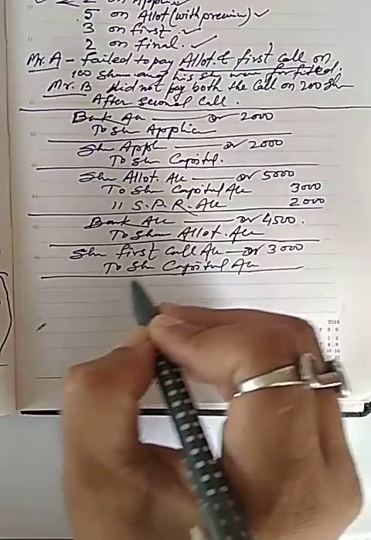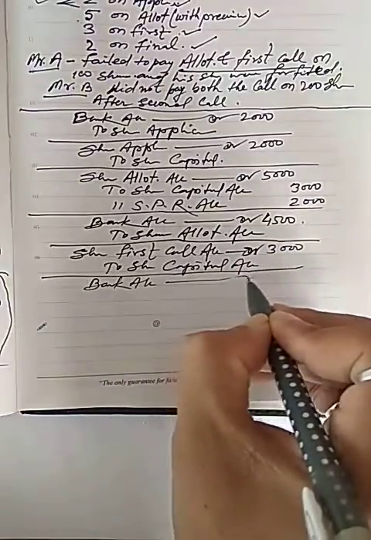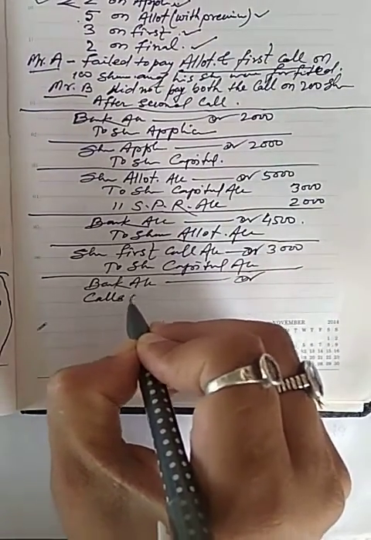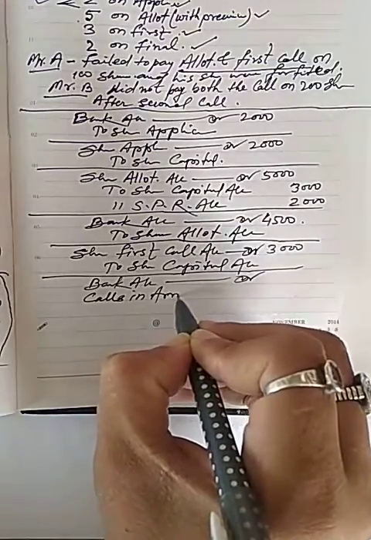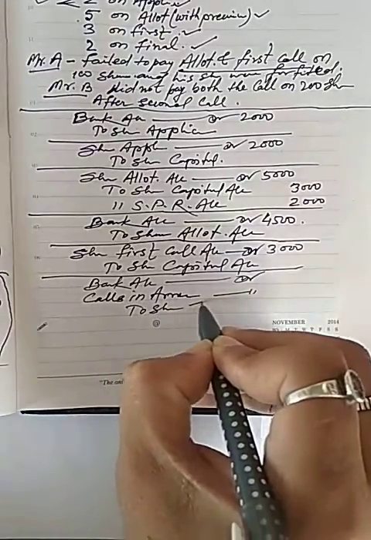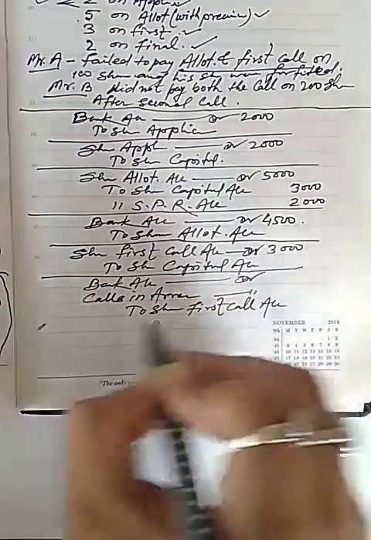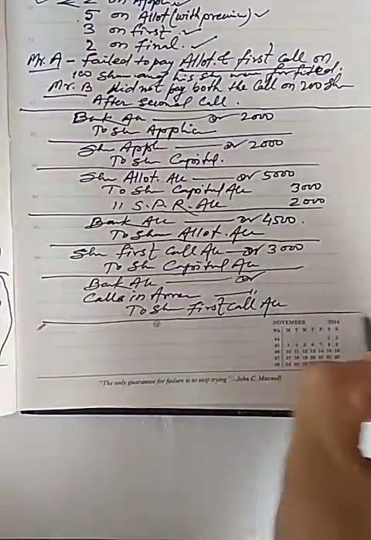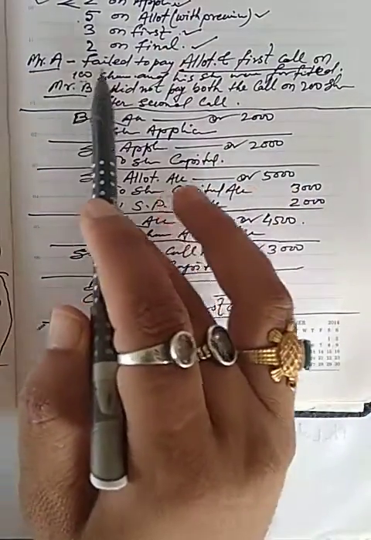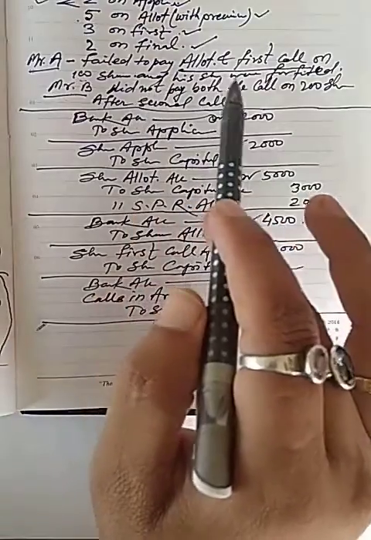When money is received, the journal entry will be Bank account DR. We can write Calls in arrear account DR to Share first call account, because Mr. A failed to pay on 100 shares and Mr. B also did not pay both the calls.